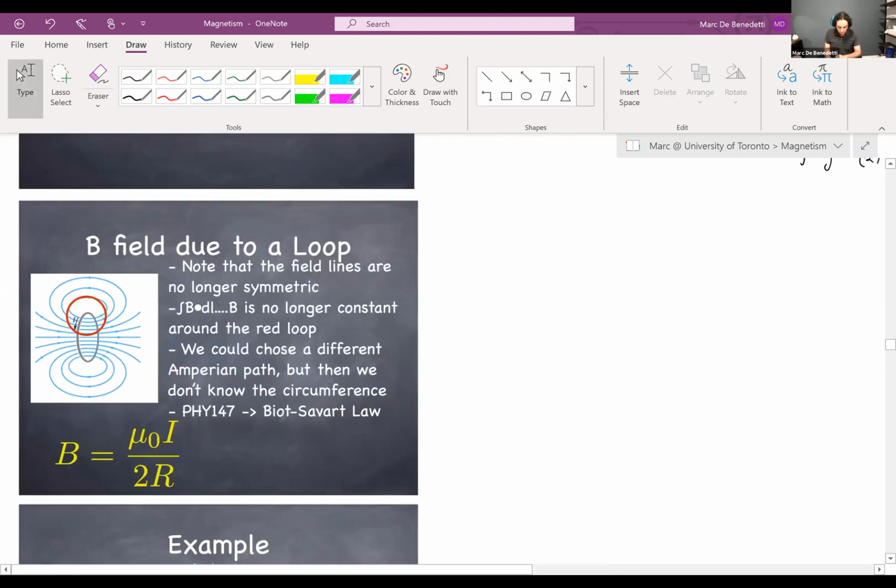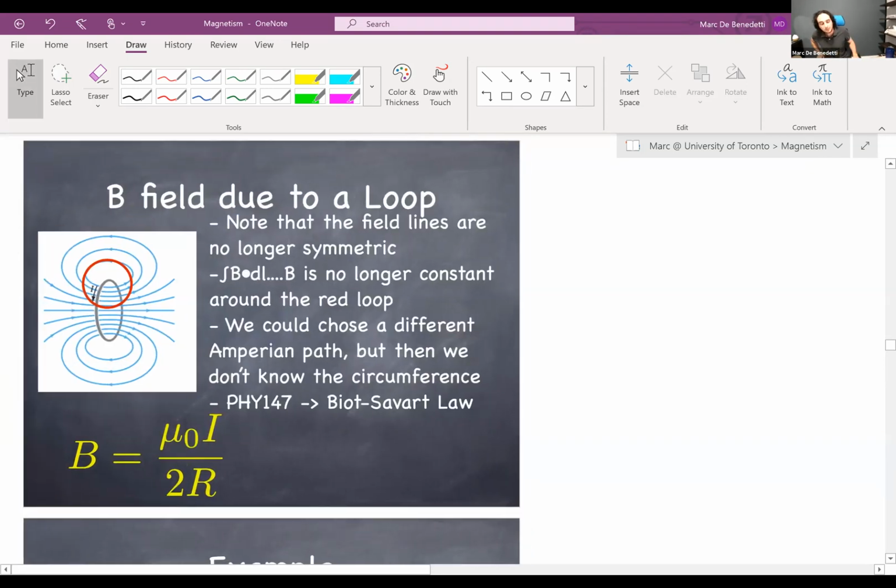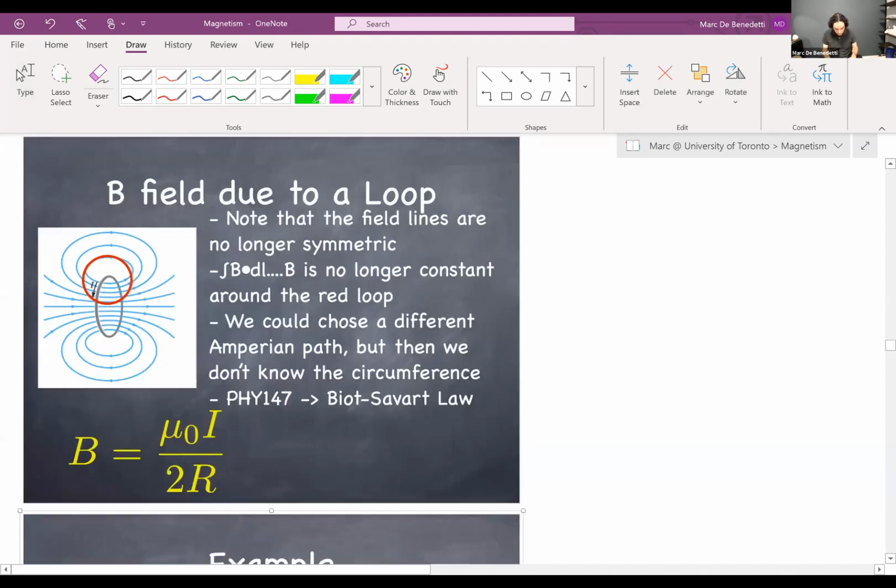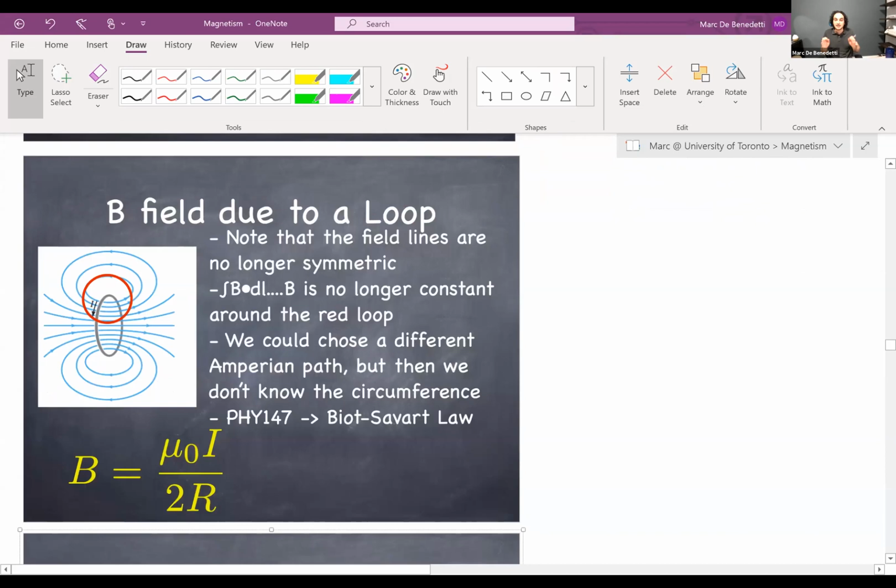More about Ampere's law. Ampere's law, like Gauss's law, is always correct, but not always useful. So remember, we had 3 assumptions for Gauss's law, right? Assumption 1 was we needed to pick a Gaussian surface where the E field was constant at each point along the surface.